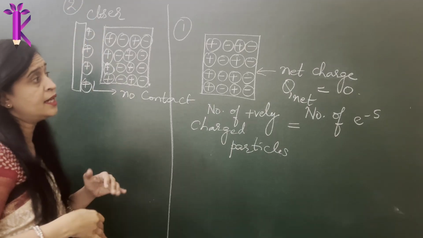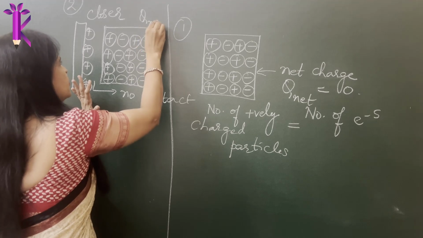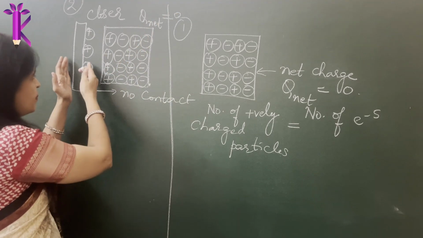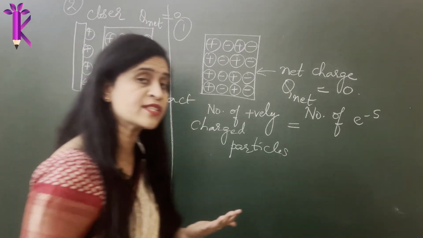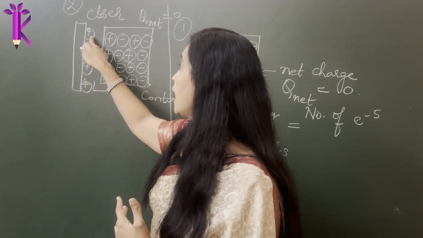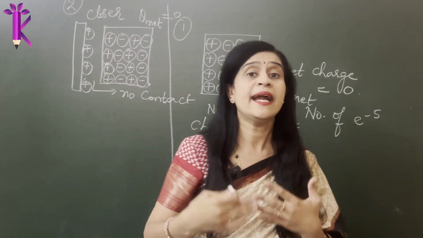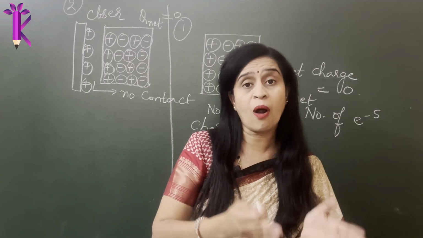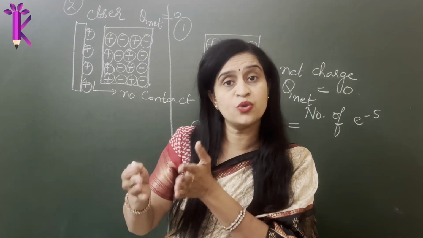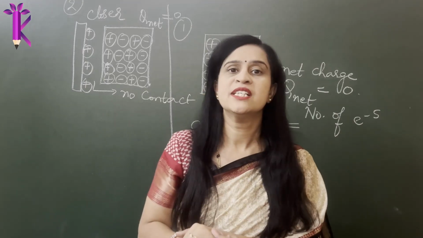Now what will happen? I am trying to charge this neutral conductor, where the Q net is 0, right? I am trying to charge it by bringing another charged material. How is it charged? I assume that there is an excess of positively charged particles on this metal rod. By that I mean a positively charged rod is brought not in contact, but closer to another neutral conductor, and I'm testing if I could charge it.